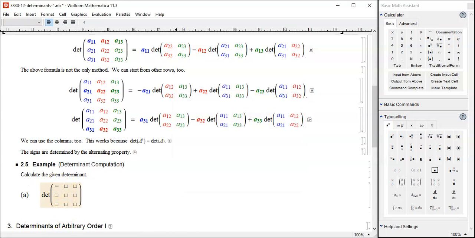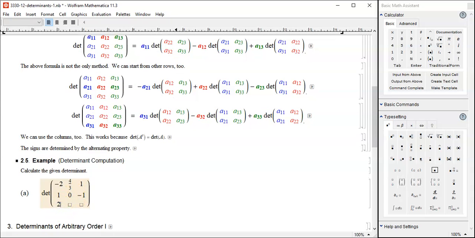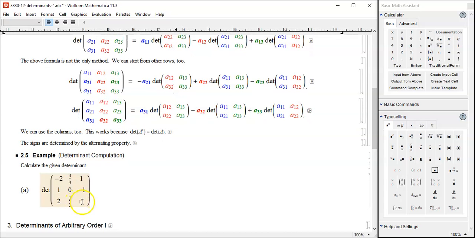Negative 2, 4/3, 1, 1, 0, negative 1, 2, 1/3, 3/2. Okay, let's calculate this determinant.